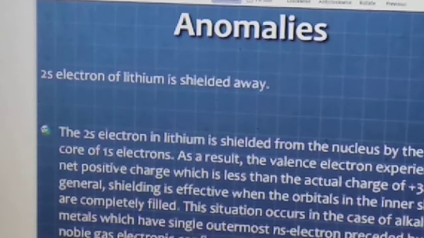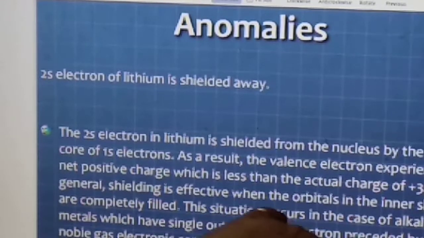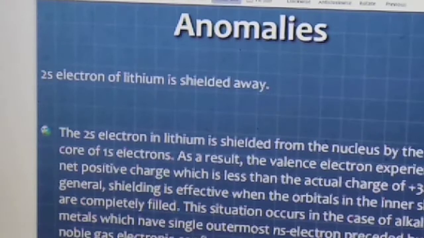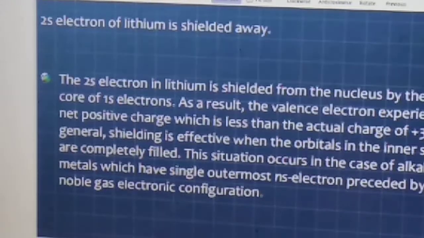As per example, in sodium, 1s2, 2s2, 2p6, 3s1. So this 3s1 electron is preceded by a noble gas configuration. In the case of alkali metals, which have a single outermost ns electron preceded by a noble gas electronic configuration, it is lost by losing one electron.